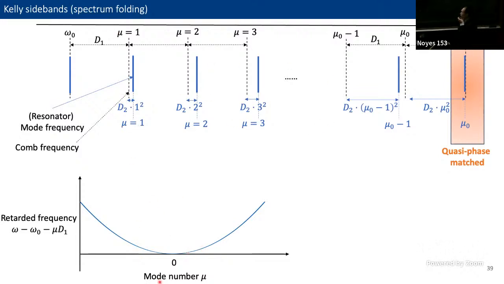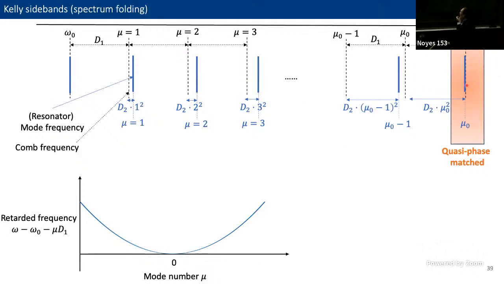In our specific case, the amount of the walk-off is a parabola as shown here. And as you can see, if the integrated dispersion becomes zero again, it means the mode gets realigned with the comb, and this resonant enhancement will create a dispersive wave, as I discussed one slide ago.